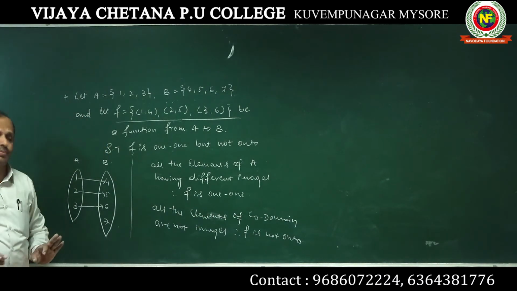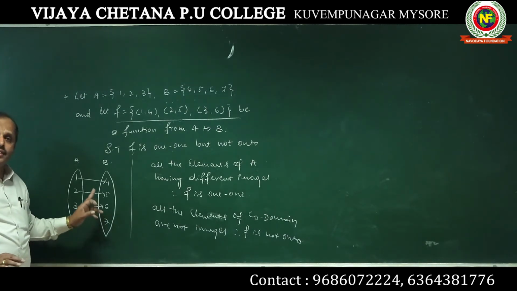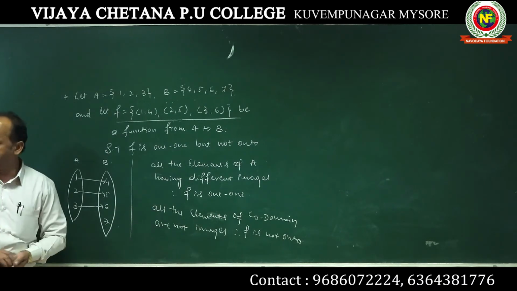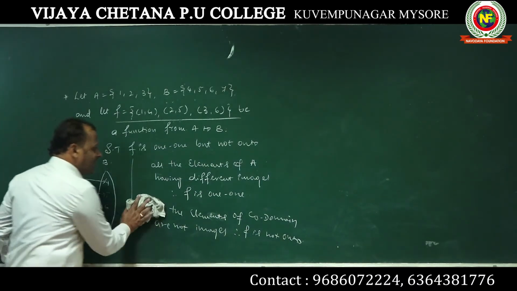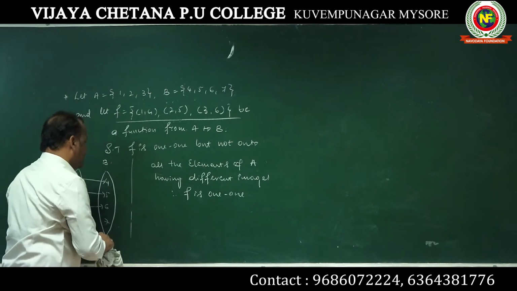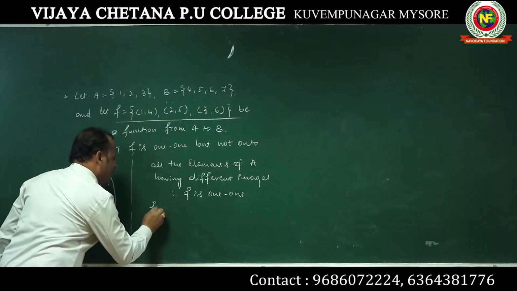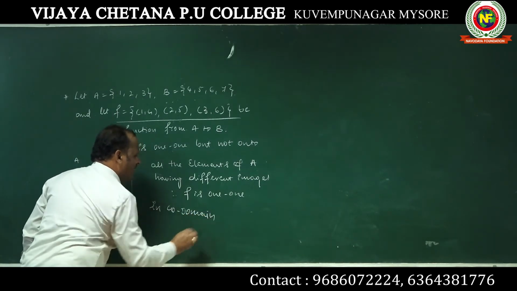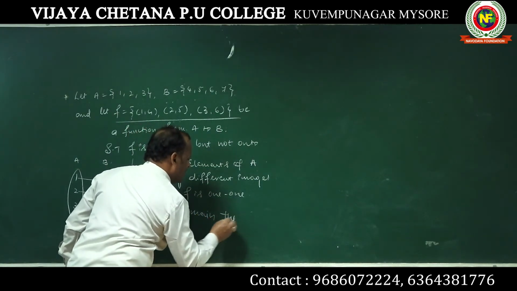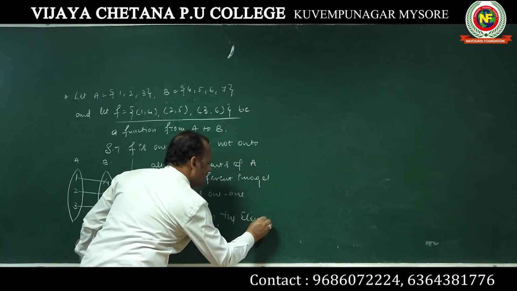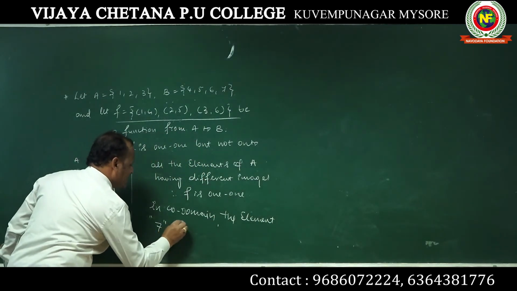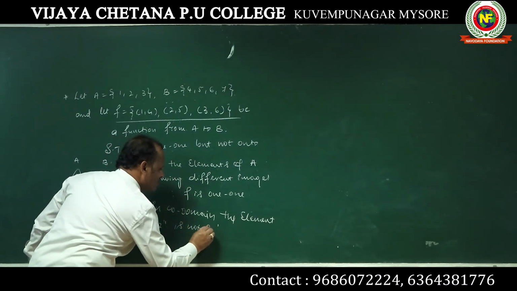It is the better point. Here, 7 is in the codomain. In the codomain, the element 7 is not an image.